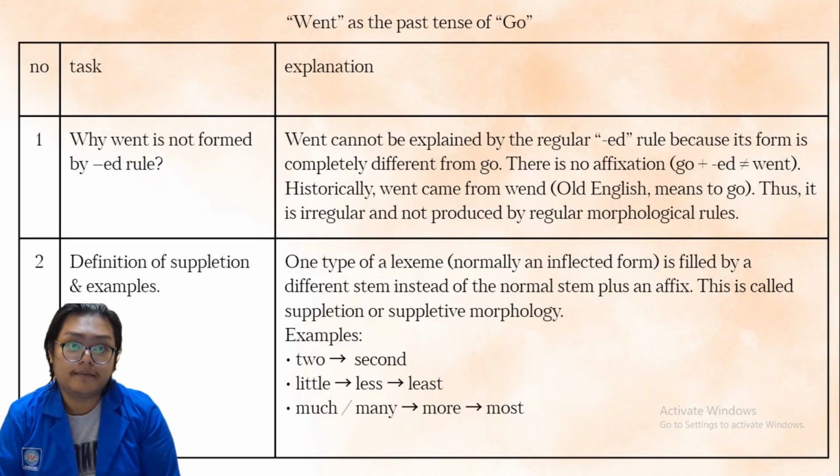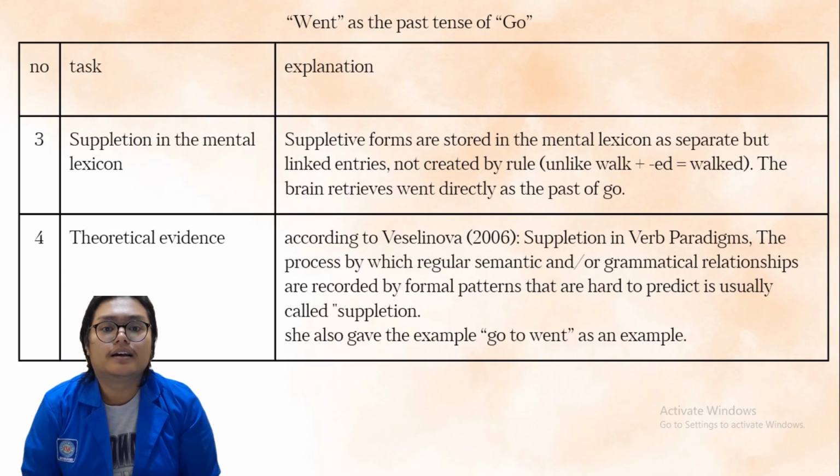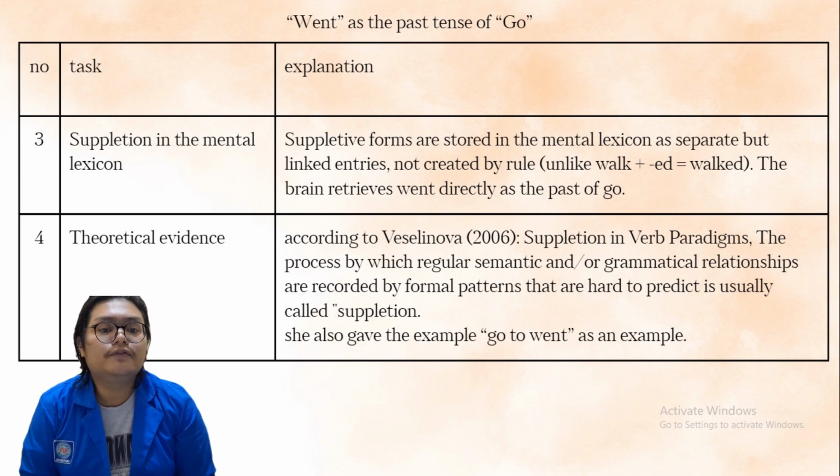This is all different. Number 3 is suppletion in the mental lexicon. My explanation: suppletive forms are stored in the mental lexicon as separate but linked entries, not created by rule. Unlike walk plus ed, walked, the brain retrieves went directly as the past of go.